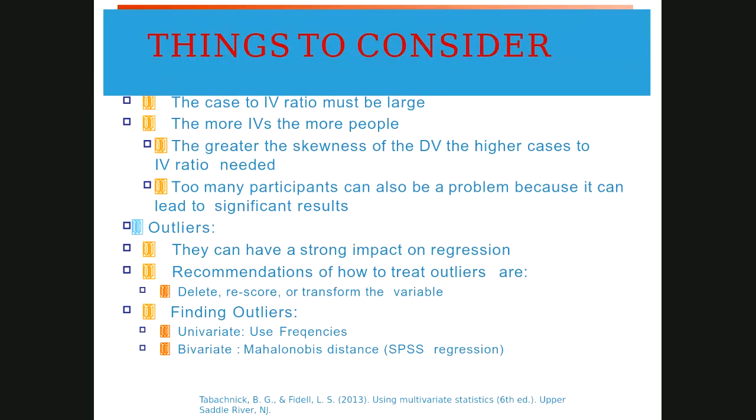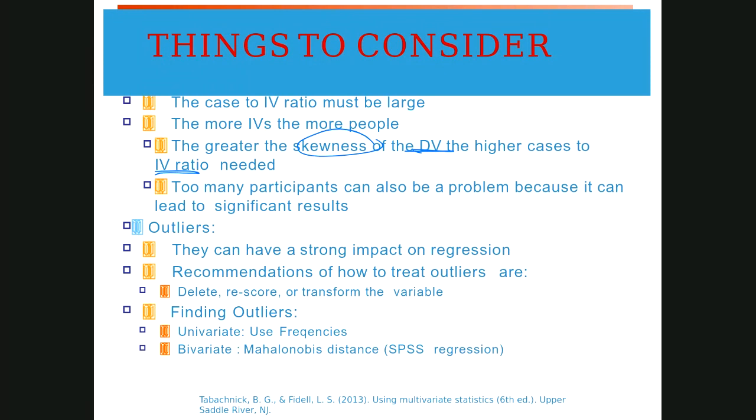But if you have a very skewed dependent variable, then you also need more participants, because regression can handle a certain amount of that, but if it's more skewed, then you need more participants to make sure you're getting accurate information. But of course, the flip side is too many participants can also be a problem because it can lead to significant results. In terms of outliers, those can have a strong impact on regression, so it is something we need to look at.